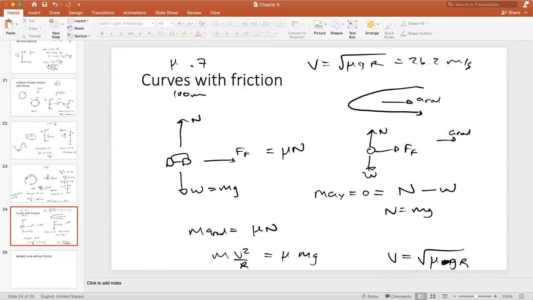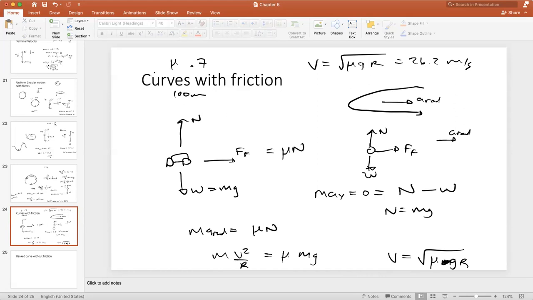That is around 55, 60 miles an hour, and you're good. If you go any faster than that, your wheels start sliding. They overcome the friction and you fly off the turn.